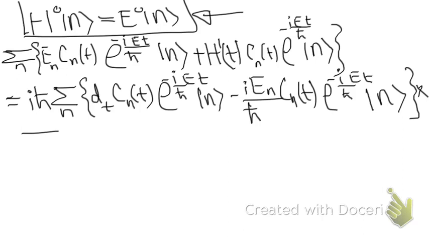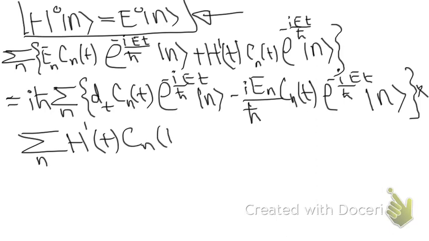This will then be multiplied by, so there is a multiplication over here, the sum over n of my H1, the perturbed Hamiltonian, time dependent, c_n of t, exponential of negative iota over ħ E_n t, and my state n.